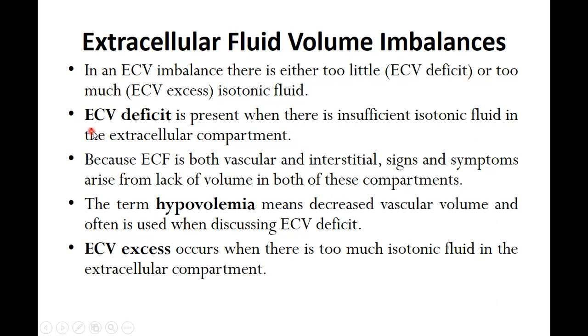Okay. So extracellular volume deficit is present when there is insufficient isotonic fluid in the extracellular compartment, meaning the amount of fluid in the extracellular compartment, which has the same concentration as plasma, has reduced. Because extracellular fluid is both vascular, meaning inside the blood vessels, and interstitial, outside the blood vessels but not inside the cells, you will notice that signs and symptoms will arise from lack of volume in both these compartments.